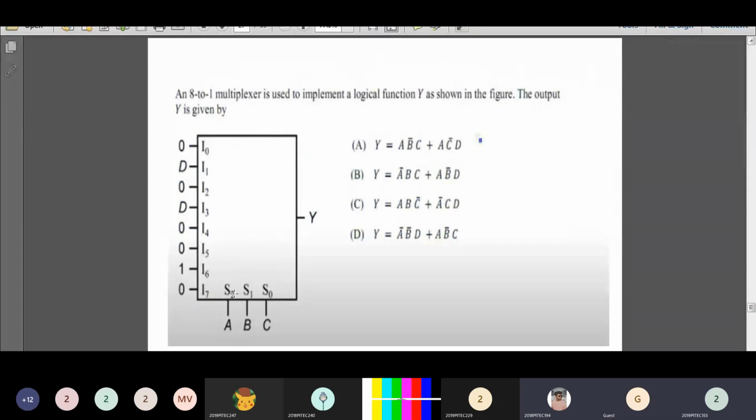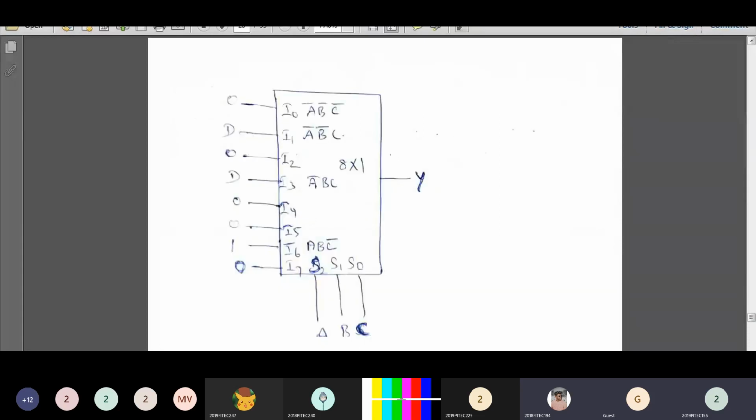The value of I0 is 0, I1 is D, and I2 is 0. The value of I3 is D, and I4 and I5 are 0. Next, I6 is connected to 1 and I7 is connected to 0.